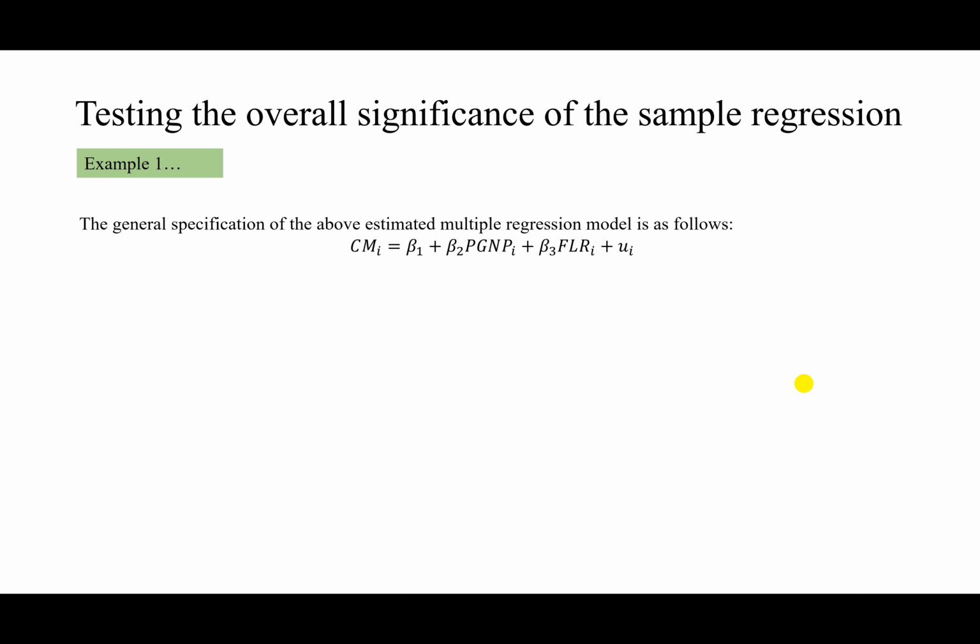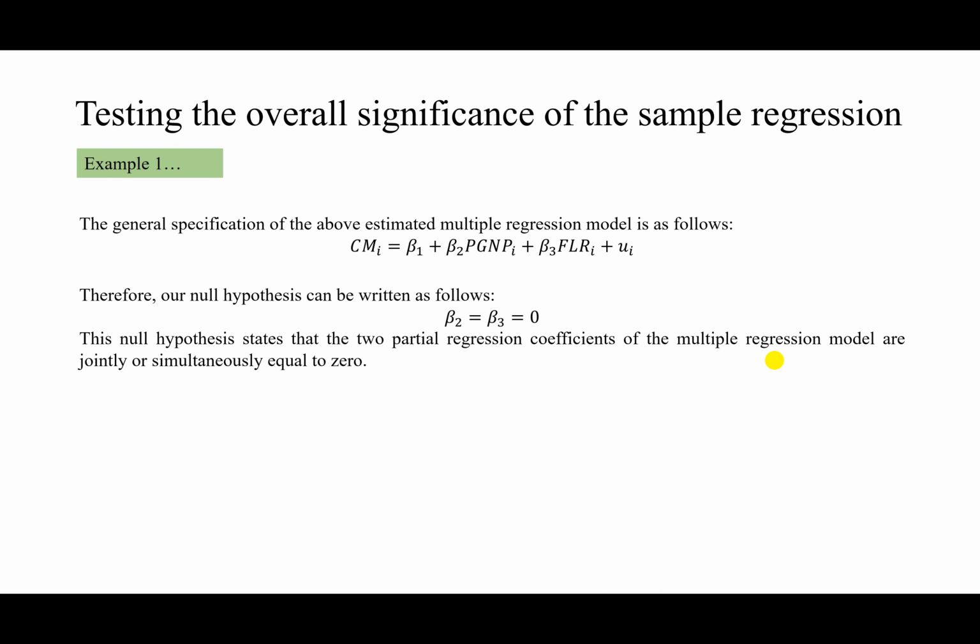So let us formulate the model in general form as follows. CMi equal to beta 1 plus beta 2 PGNPi plus beta 3 FLRi plus ui.